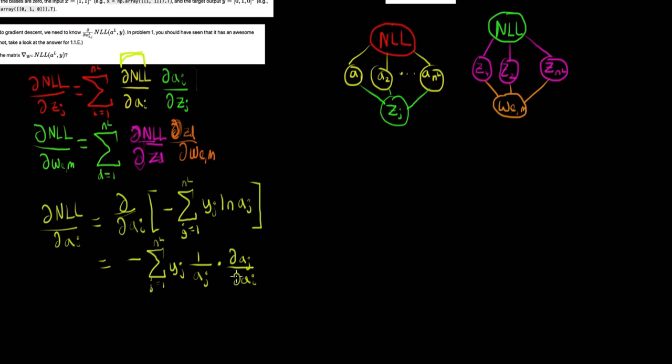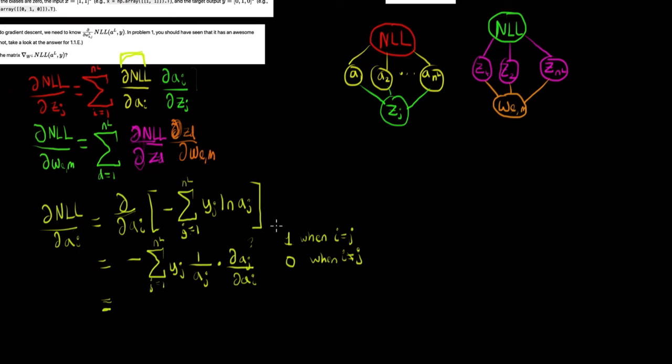We take first the outer function with respect to the outer variable, and then the outer variable with respect to the inner variable. So what is this derivative here? Well, this derivative is going to be equal to 1 when i equals j, since you're just taking the derivative of a variable with respect to itself, but it's going to be equal to 0 when i is not equal to j.